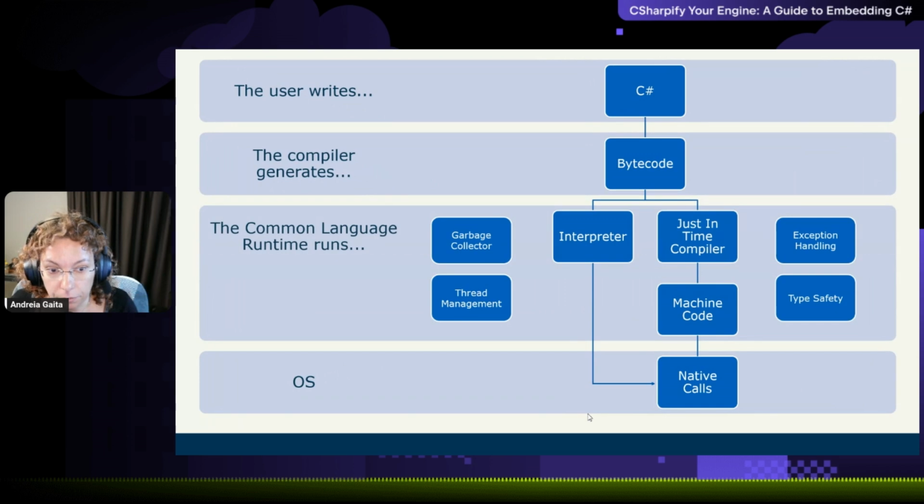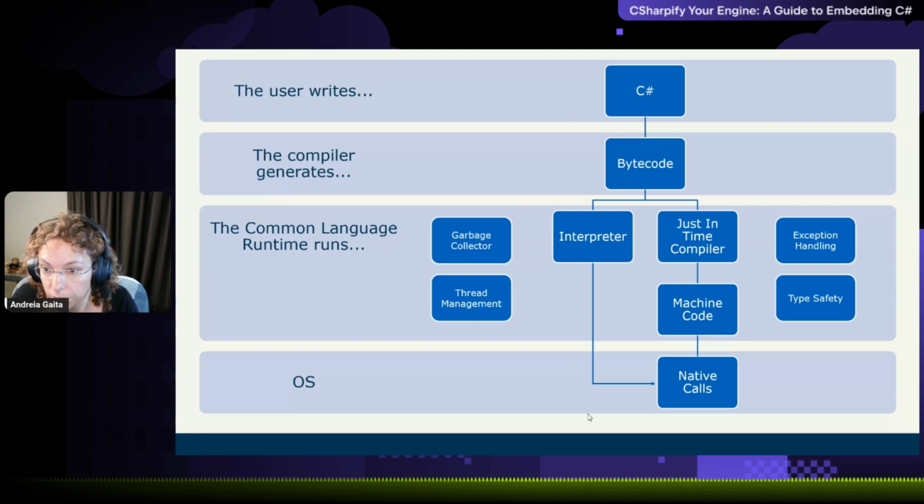If we expand this a bit more and we introduce a couple more concepts here, the virtual machine is the common language runtime, as it's called in C# land, and it's composed of either an interpreter or the just-in-time compiler, depending on what type of mode the virtual machine is running in. It has an exception handling service. It has type safety, garbage collector, thread management.